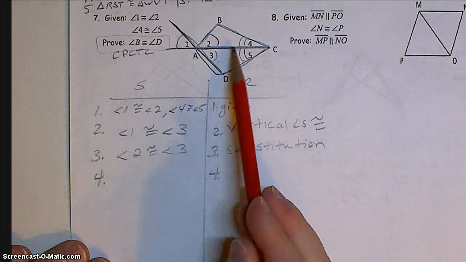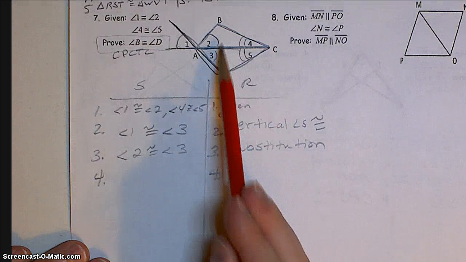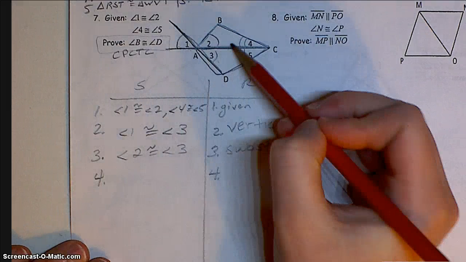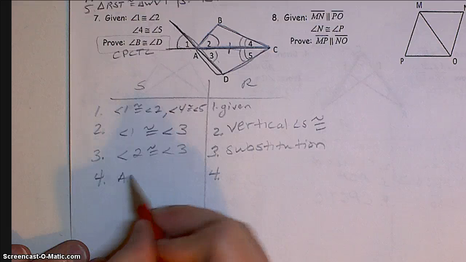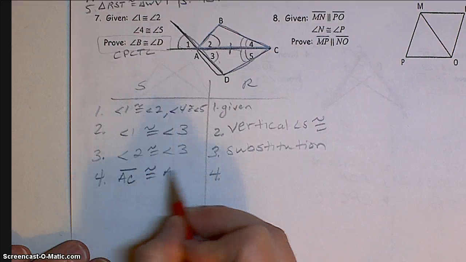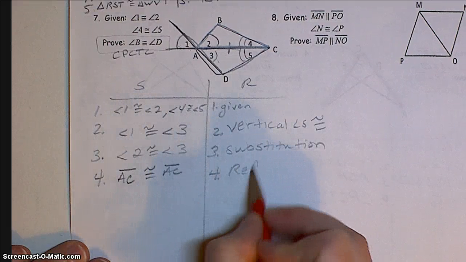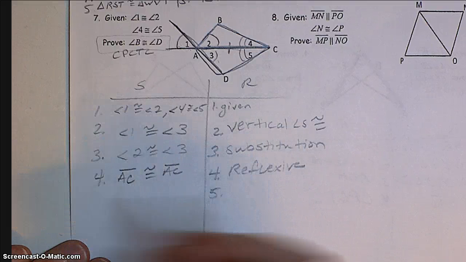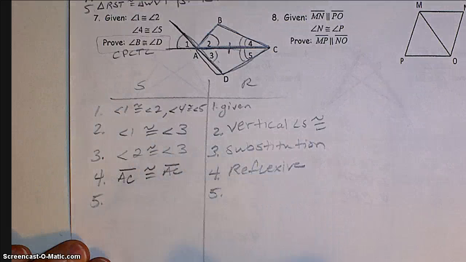Alright, I got 2 sets of angles now. I have 4 and 5 are congruent and 2 and 3 are congruent. Well, this one is just like those questions on the front page. I have an overlapping side that's reflexive. Alright, now I've got enough information.